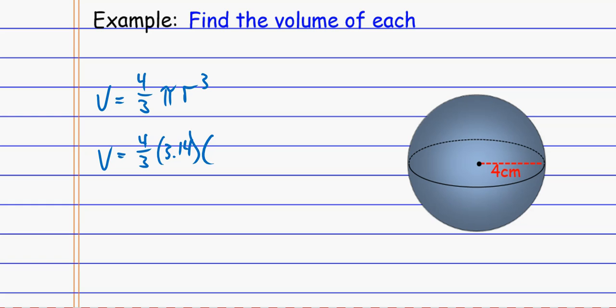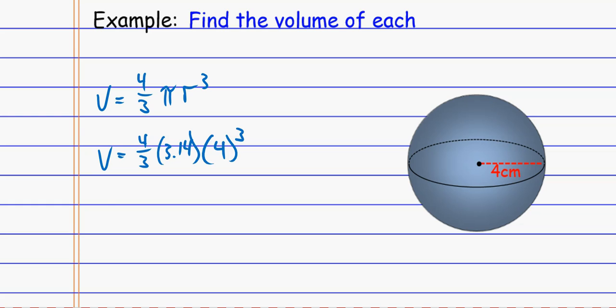But now the radius, this one, is 4. So I see the 4. It goes from the center to the sphere itself. That's the radius. But I've got to make sure that I raise that to the third power, or do 4 times itself 3 times. 4 times 4 times 4. Okay? So on my calculator, I'm going to do 4/3 times 3.14 times 4 to the third power.